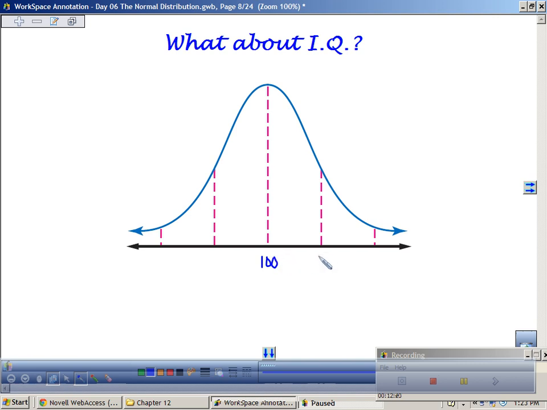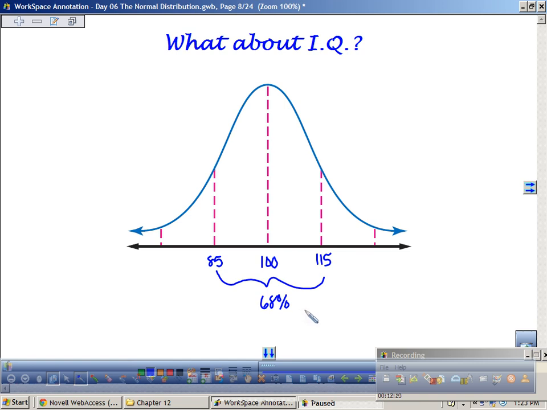So if I were to add 15 points, what would be one standard deviation away? 115. And if I were to go in the opposite direction, somebody that's not as smart as the average person, how much would that be? 85. So this is saying that 68% of the population have an IQ from 85 to 115.